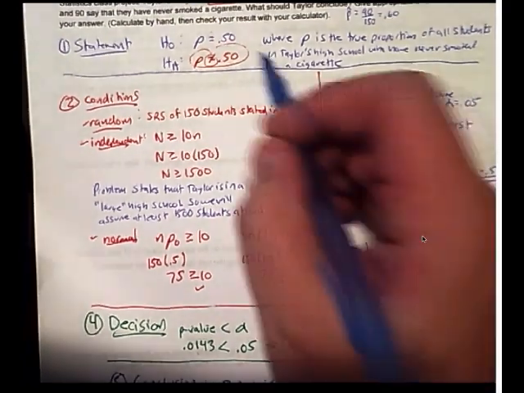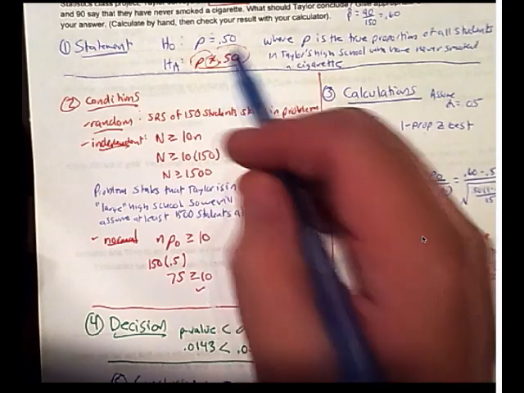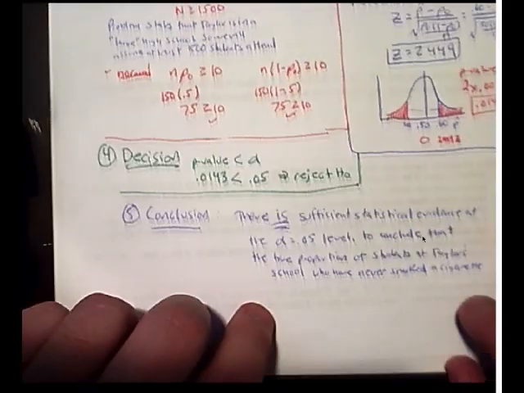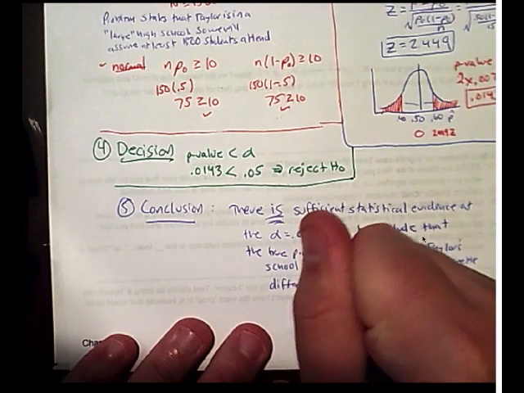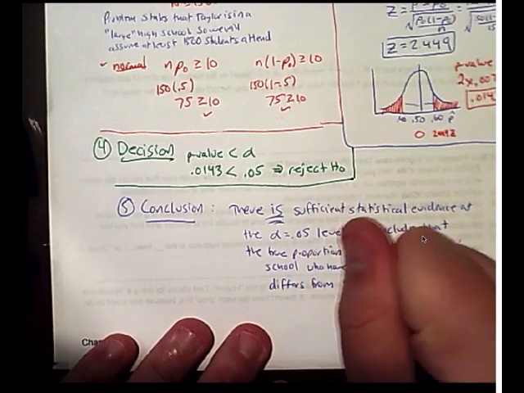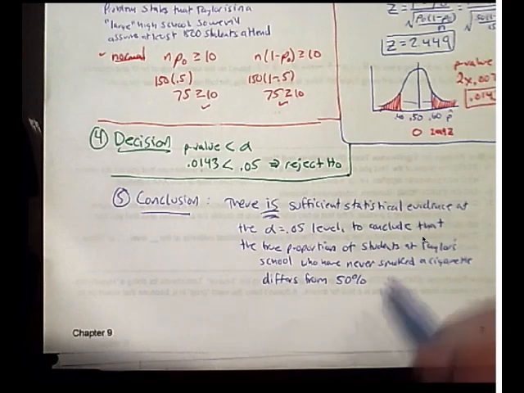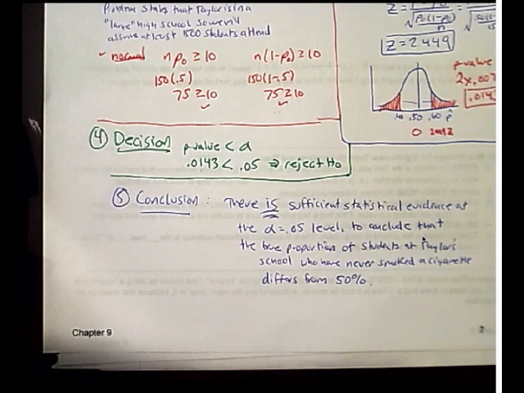We're going to conclude in favor of the alternative. So I can say differs from 50%. That's all the test allows me to do.